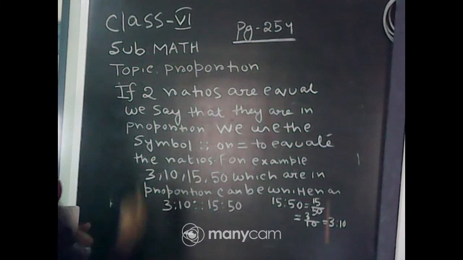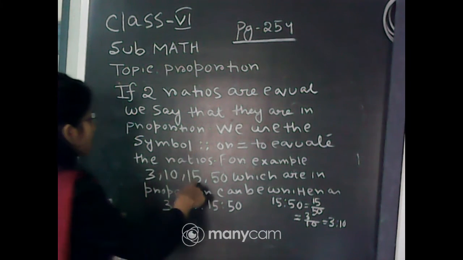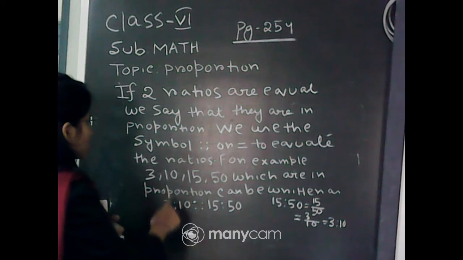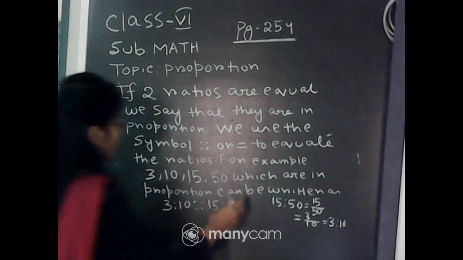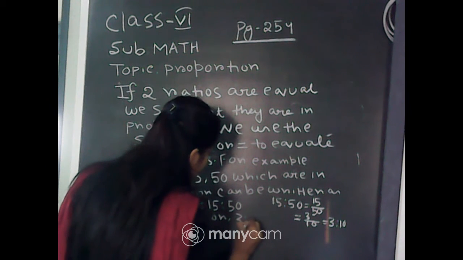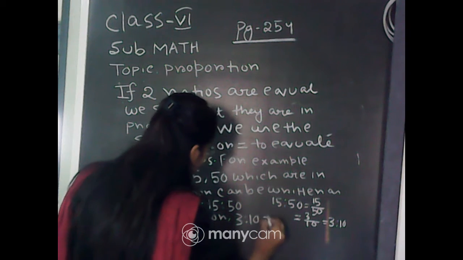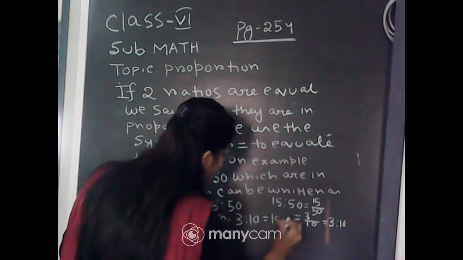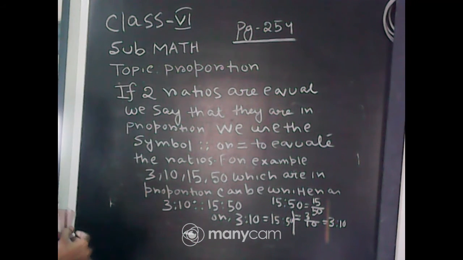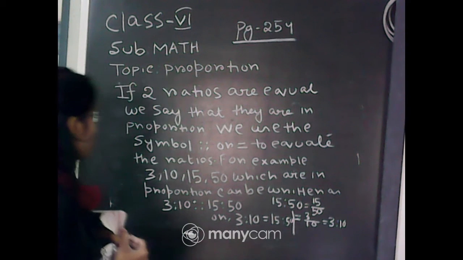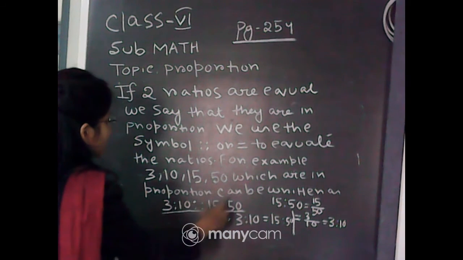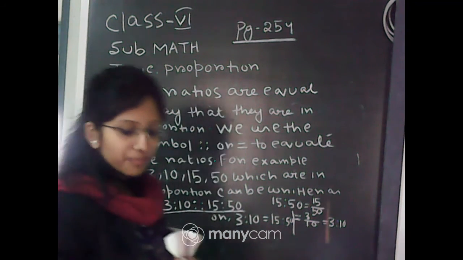For example, the quantities 3, 10, 15 and 50 which are in proportion can be written as 3:10 :: 15:50, or 3:10 is equal to 15:50, and we read it as 3:10 as 15:50. Clear?